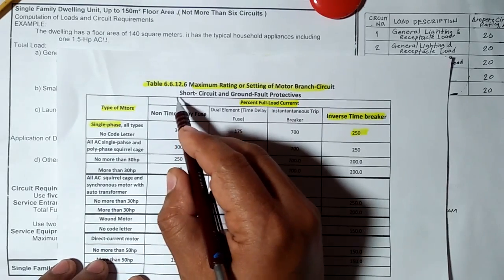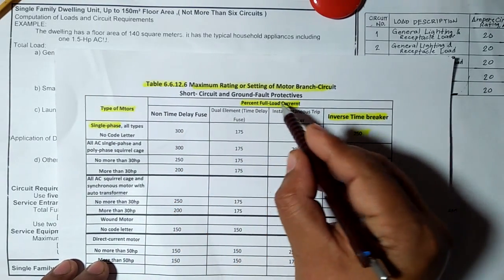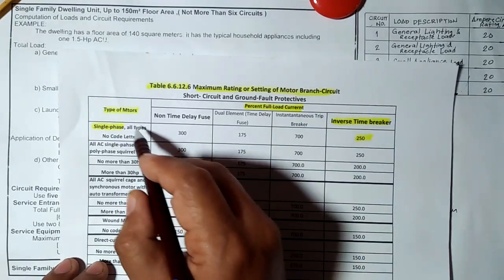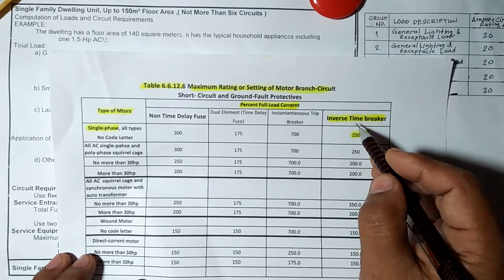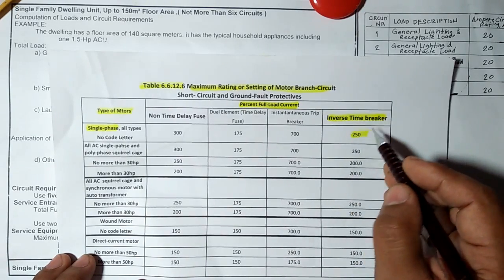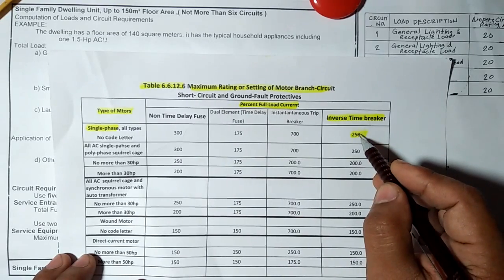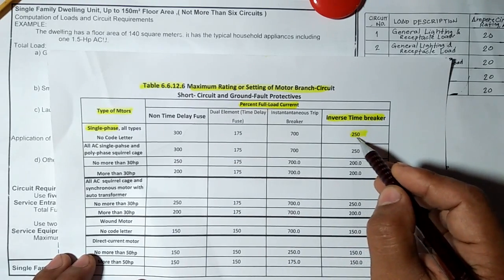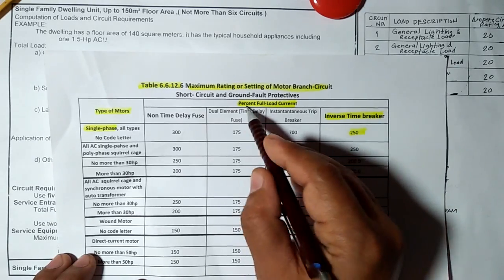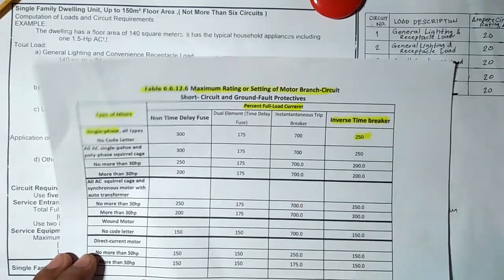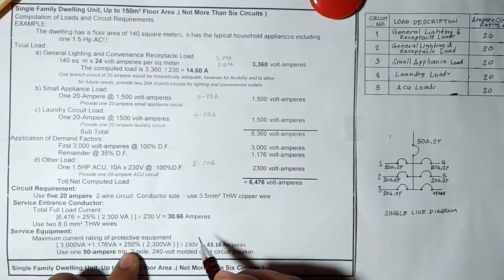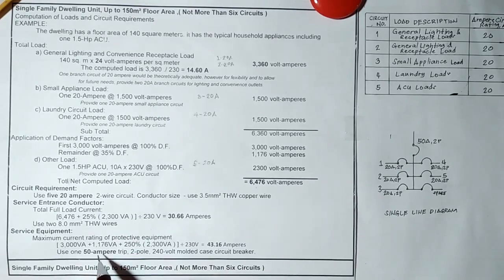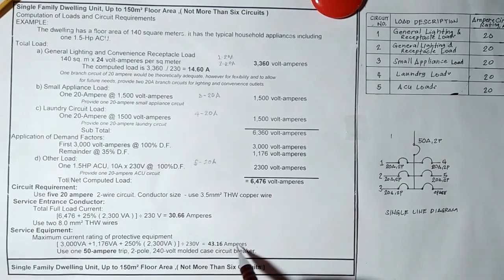In table 6.6.12.6, maximum rating or setting of motor branch circuit. So type of motor, single phase. If we are getting the inverse time circuit breaker, we multiply po natin yung ating motor ng 250%. Kaya po meron dito 250% para alam niya po kung saan siya kinuha. So if we add everything divided by 230 volts, we will come up for this one.